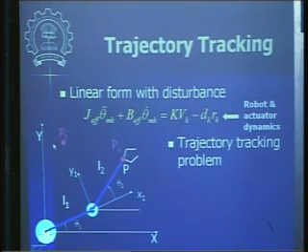In this case, for example, you have a linear trajectory, going in a straight line from one point to the other point. In general you will be given this trajectory in terms of end effector coordinates, in the global coordinates, a path along which you have to go. That is your trajectory tracking problem.